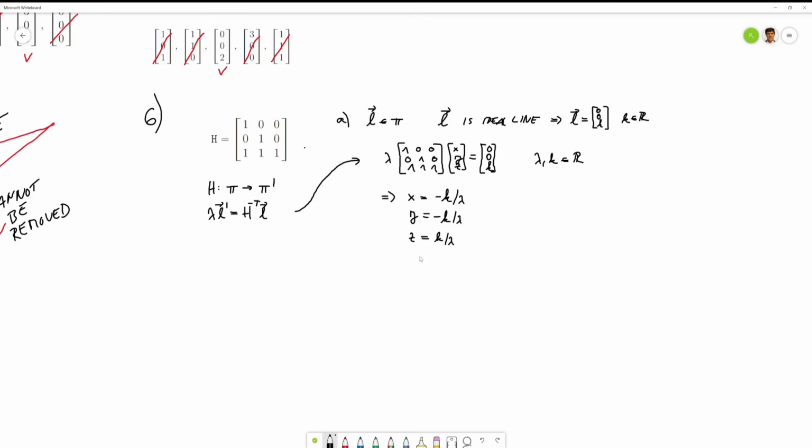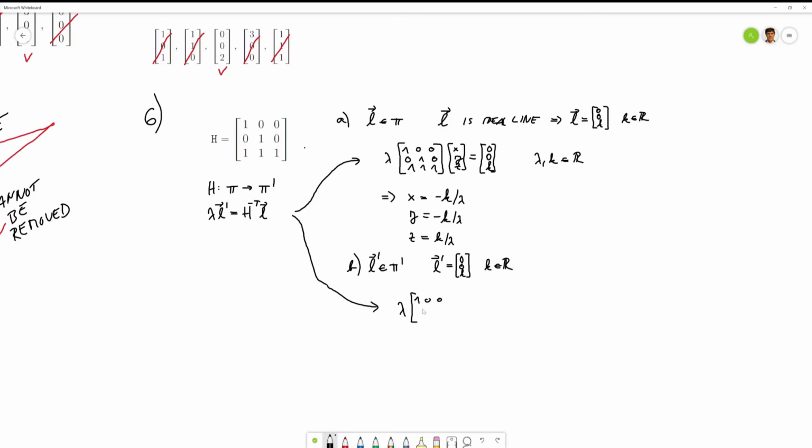In the second case, we assume the preimage is the ideal line, so L prime is the ideal line, so L prime will have coordinates 0 0 and some real number. We will assign it to the same equation, so we will have lambda, homography matrix transposed.